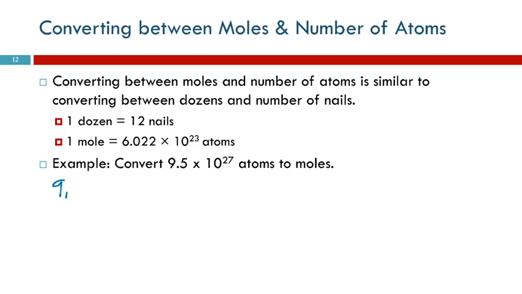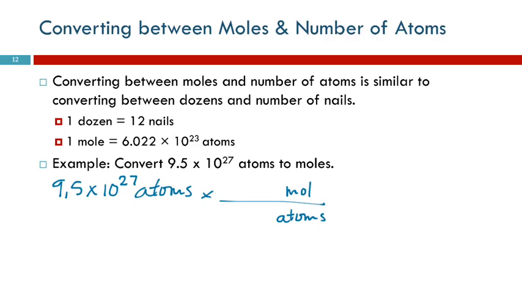So 9.5 times 10 to the 27 atoms. I want to find out how many moles. So I'm going to put moles on the top and atoms on the bottom. So the units cancel out. Dimensional analysis again. 1 mole is the number of atoms.